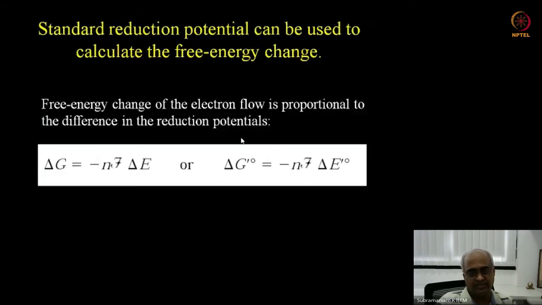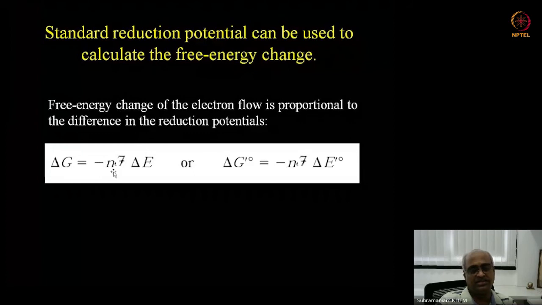So that's the direction for the subtraction to get the delta E. For the standard one, you will use the standard values at pH 7. This is for any concentration.